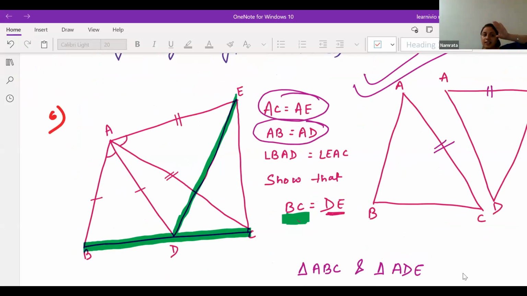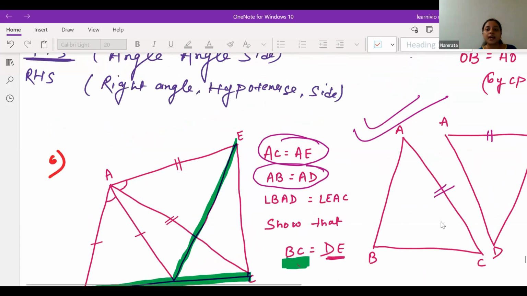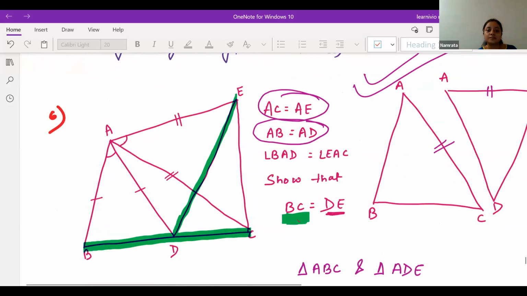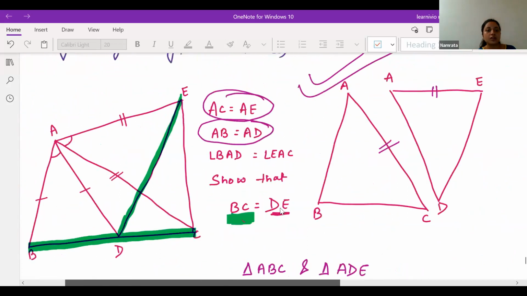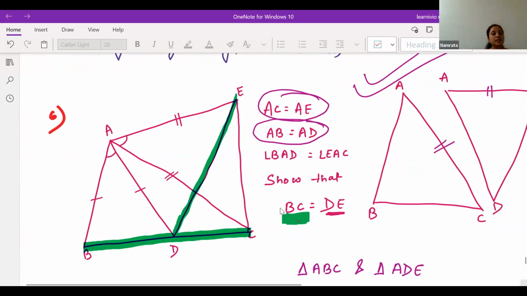Forget about that left hand side figure. The right hand side which I have drawn separately, just see that figure and tell me, is angle BAD there in the first triangle or not? No. Angle EAC, is it there in the second triangle? No, it's not there. So this information till now is not helping us. We have to figure out how it will help us.